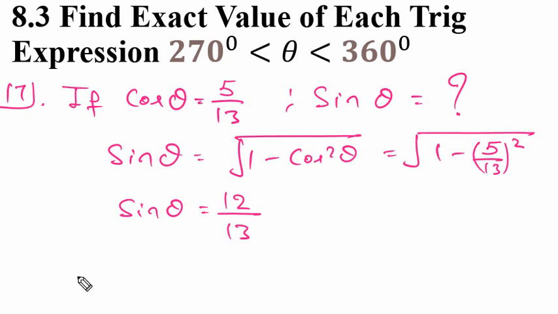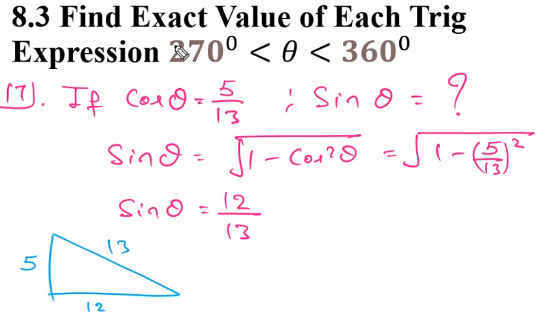Now, if you know the right angle triangle method, 13 is your hypotenuse, and let's say this is your 5 and this is your 12. What mistake will you make in this case? You will get sine theta equal to 12 over 13, and that's where you will get it wrong.